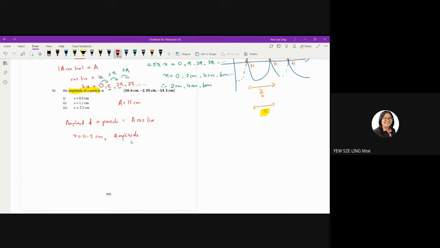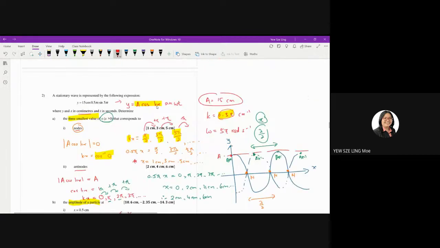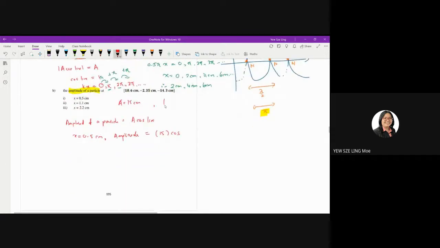You can just say amplitude of particle, or write the full term, amplitude. So amplitude is equal to 15 cos k, and the value that we have just now is 0.5 pi. So k is equal to 0.5 pi, and then x is equal to 0.5 cm, so 0.5.